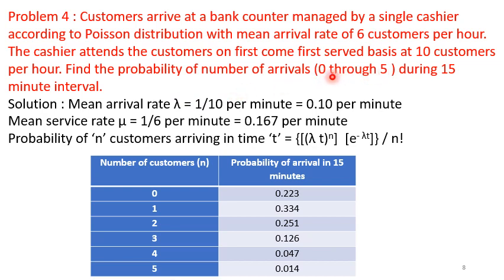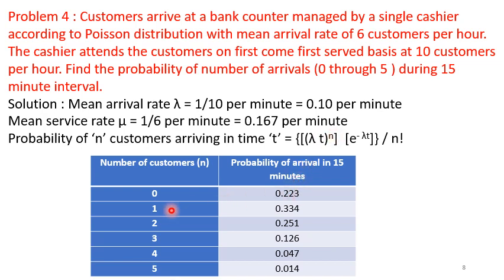The company now wants to see the number of customers in the next 15 minutes, the probability that no customer comes in 15 minutes. Put n equal to 0 and t equal to 15, and you will get 0.223.